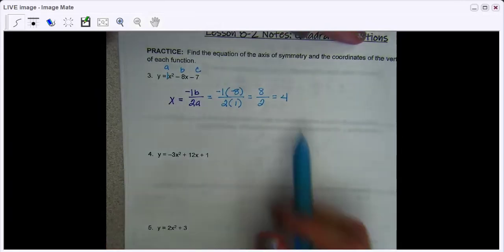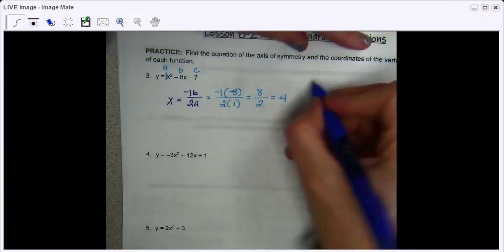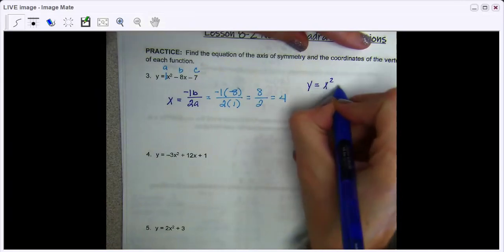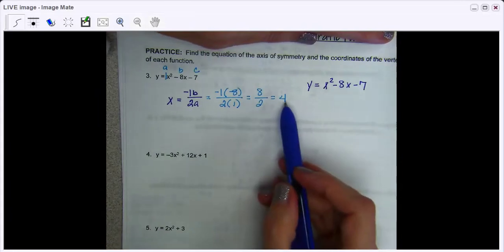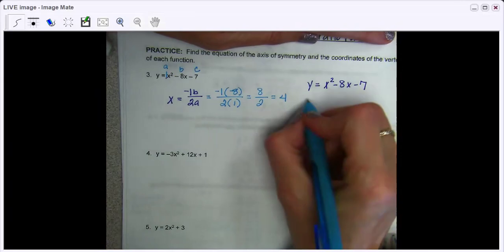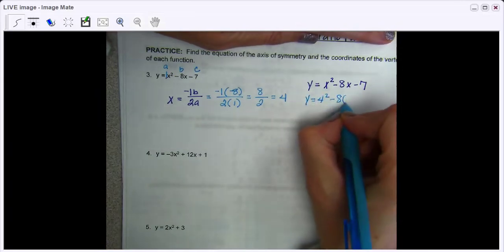Okay, now we found the x, we have to find the y. So we're going to take the equation y equals x squared minus 8x minus 7. And we're going to plug the 4 into where the x is. And we're going to solve for y.